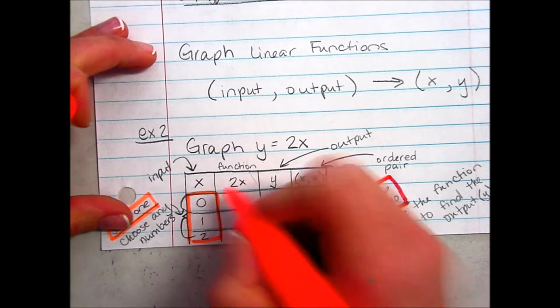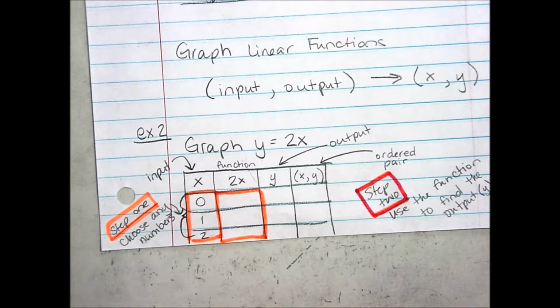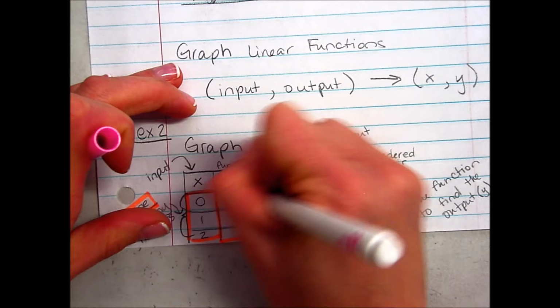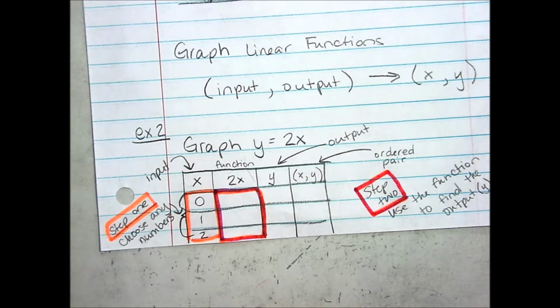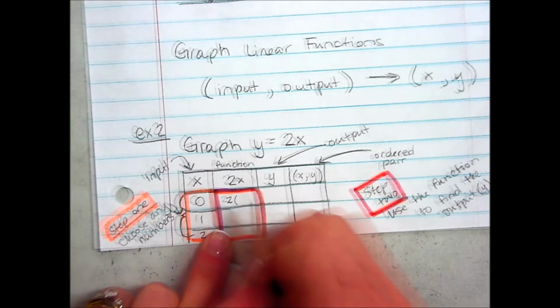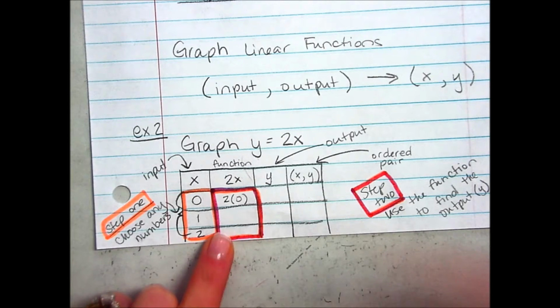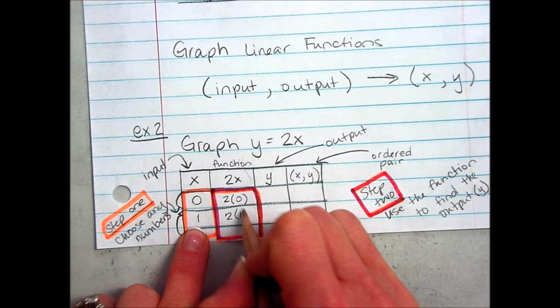Step 2 will happen. I'm going to have to do orange and then make it pink to make it the same exact color. So what I'll do is start with my function. That would be 2 times x if x is 0. This one will be 2 times x if x is 1.